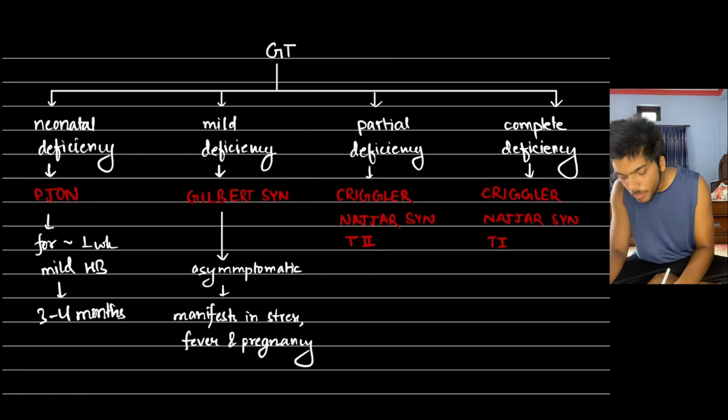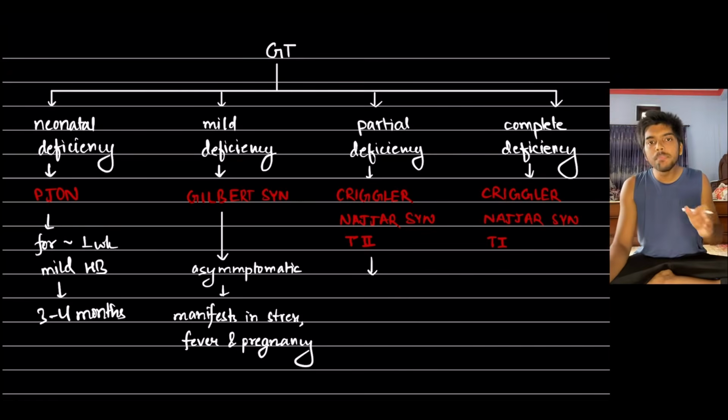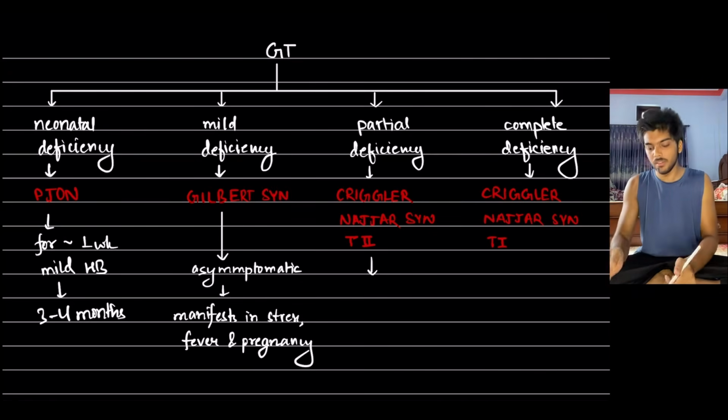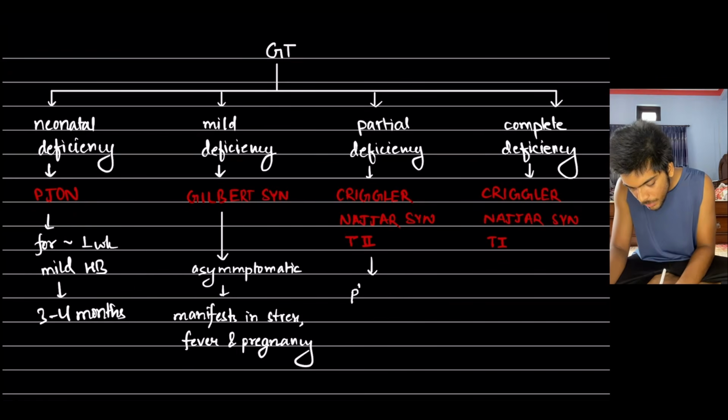As for type 2 Kriegler-Najjar syndrome, there is partial deficiency, right? In newborn, since it is a congenital defect, there is partial deficiency of glucuronosyl transferase, for which you use phenobarbital as drug therapy.